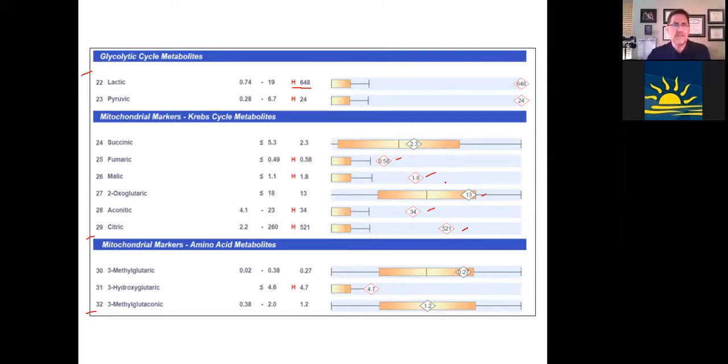One of the interesting things that I see, and I don't have a slide for it right now, is that there is a link between Candida and malic acid. So sometimes you'll see malic acid elevated when arabinose is high. I can't say it happens in every single case, but I see it a good percentage, 70–80% of the time.